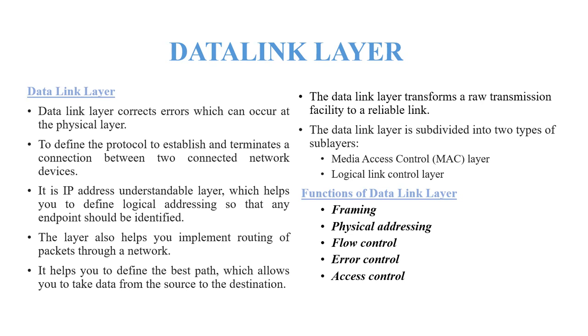It helps you to define the best path, which allows you to take the data from the source to the destination. The data link layer transforms a raw transmission facility to a reliable link. It has been subdivided into two types of sublayers, media access control and logical link control layer. The functions of the data link layer are framing, physical addressing, flow control, error control, and access control.